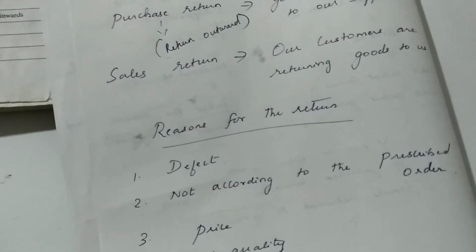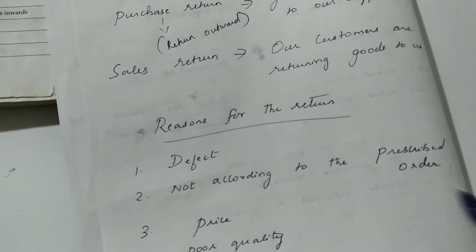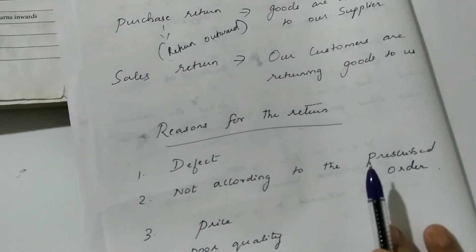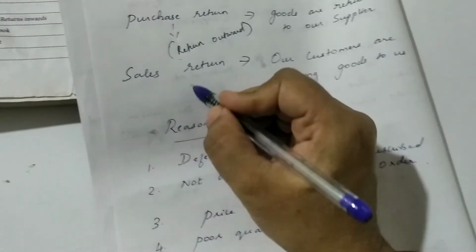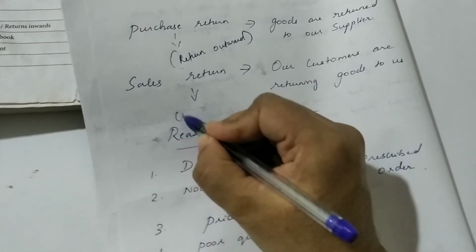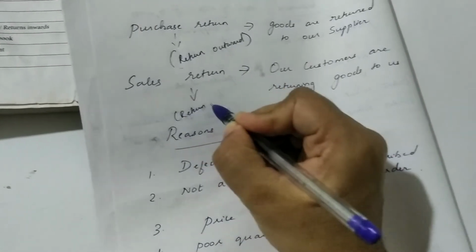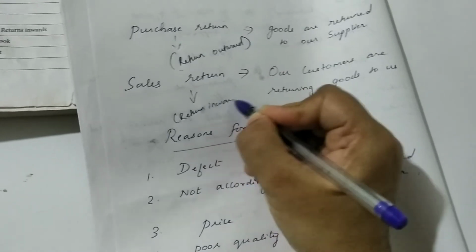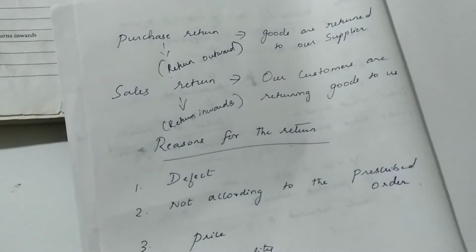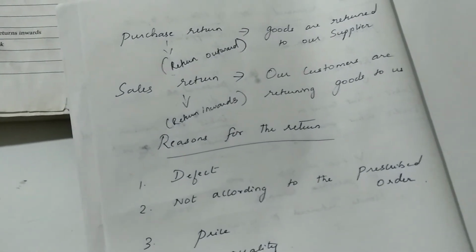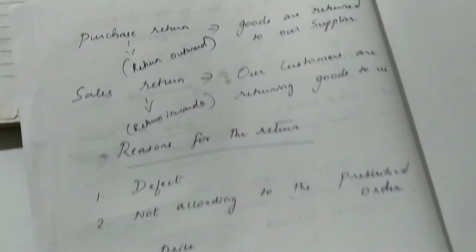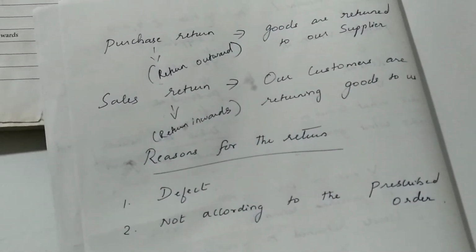It can be any such reason, right? So our customers are returning goods back to us. It is called as sales return. So the other name for sales return is return inwards. Inwards, it is coming back to the business. Now, I will explain this with an example.